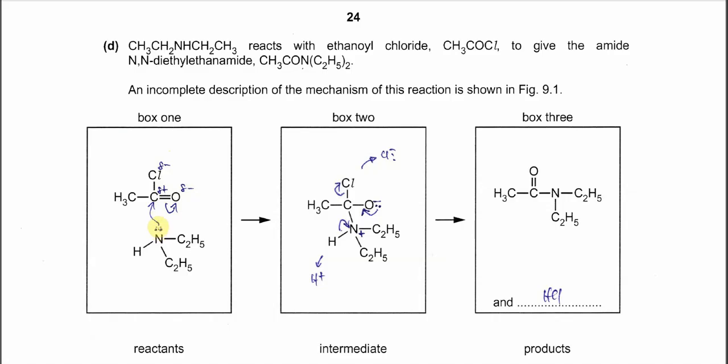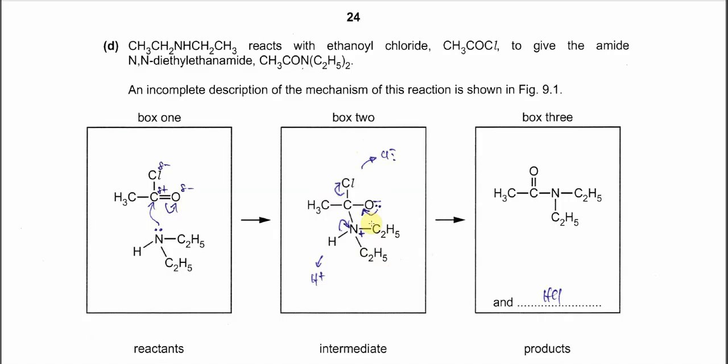And draw an arrow from this lone pair, pointing to this acyl carbon, and after that, the pi bond breaks, means draw one arrow from this double bond, pointing to the oxygen, to show that this pair of electrons moves to this oxygen. Then it will form this intermediate in box 2.